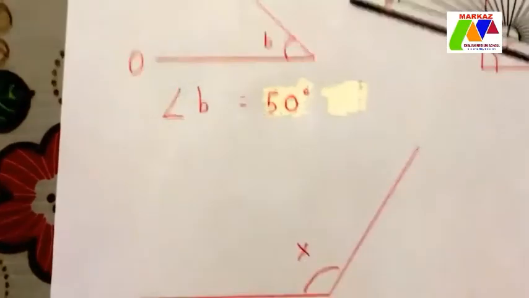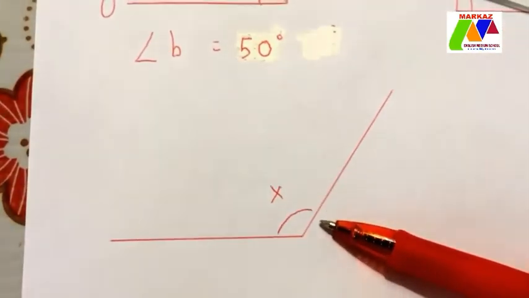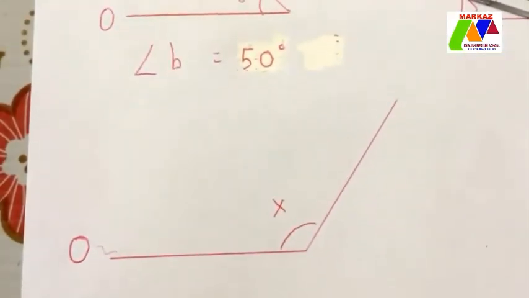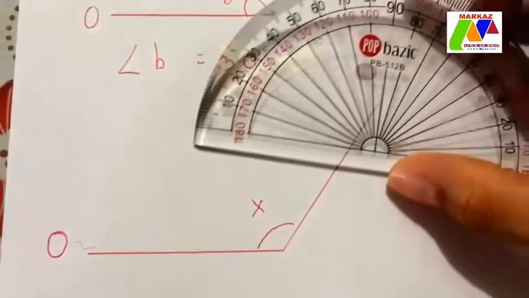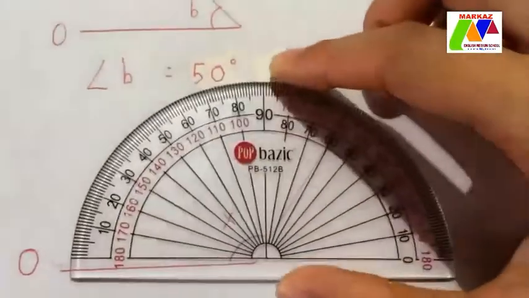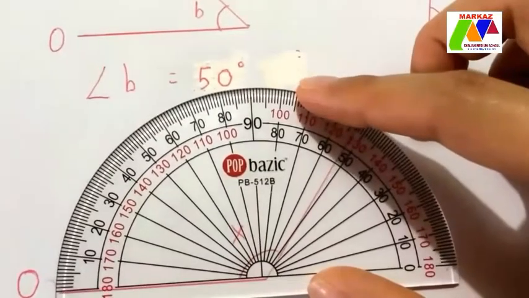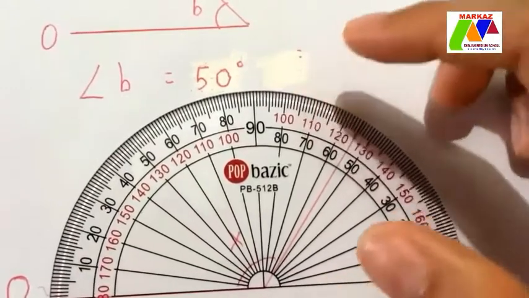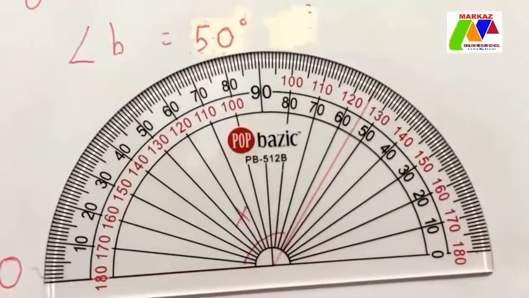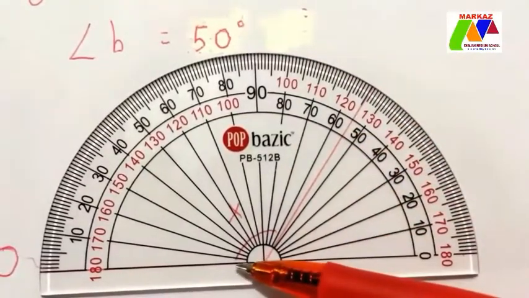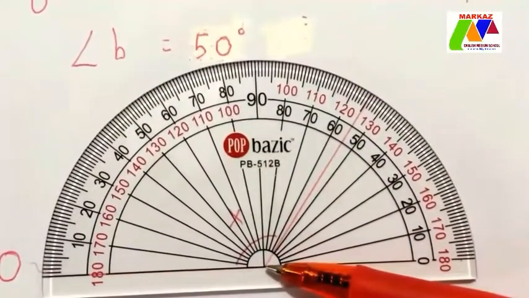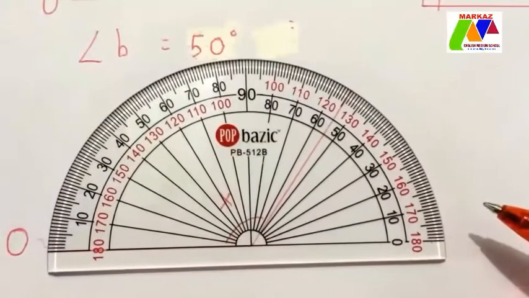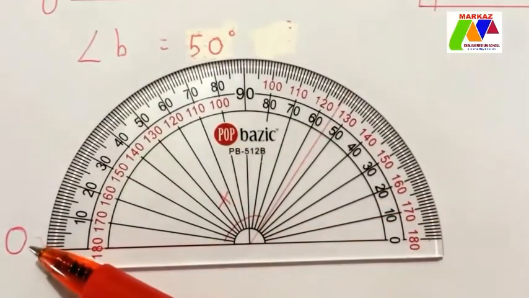Next, look at another example. Here angle X. Put 0 here. Put the protractor center point on the vertex of the angle. Count from left or right? From the left, because 0 is here.